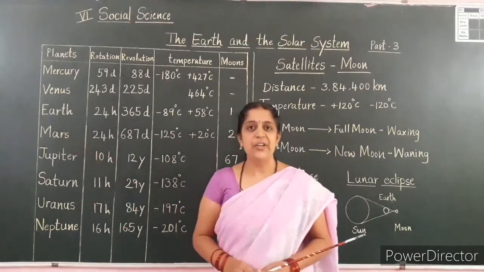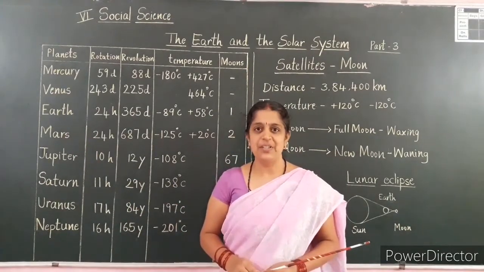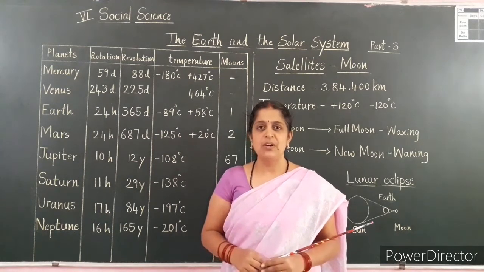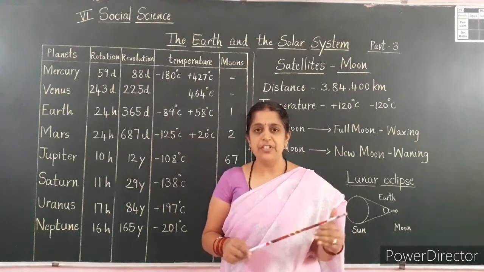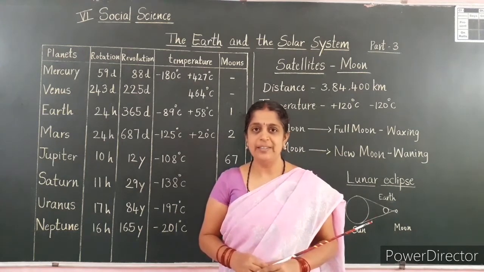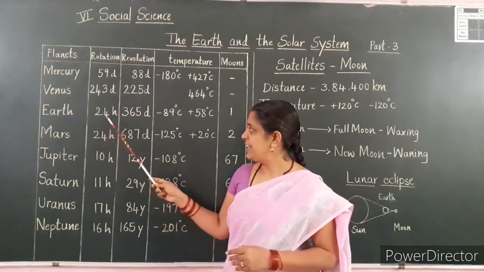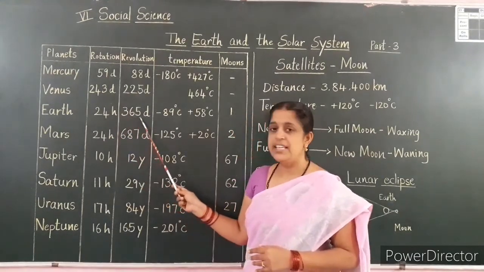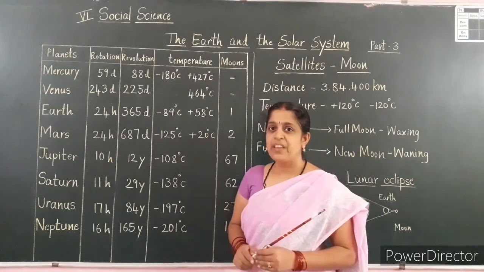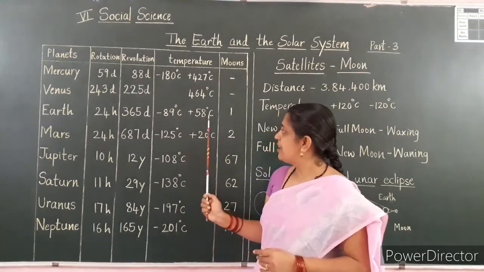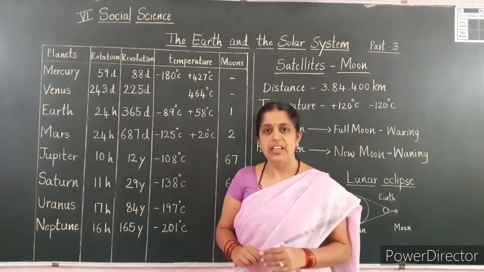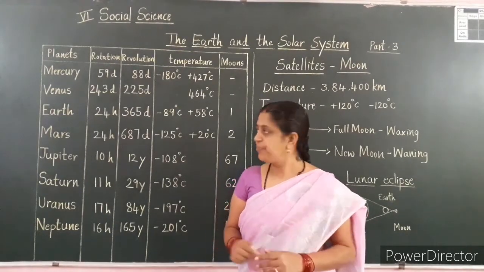The Earth is a unique planet in the solar system. It is a unique planet because of most of the factors which support life on Earth. It takes 24 hours for one rotation, 365 days for one revolution, and the daytime temperature is plus 58 degrees Celsius in some places.